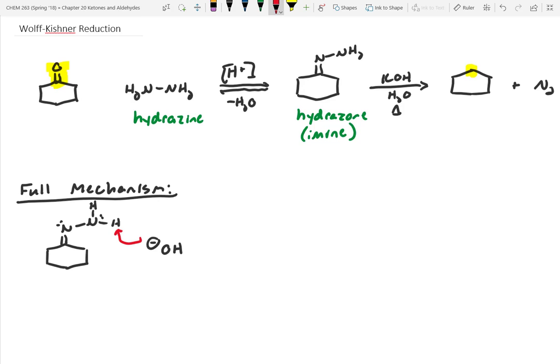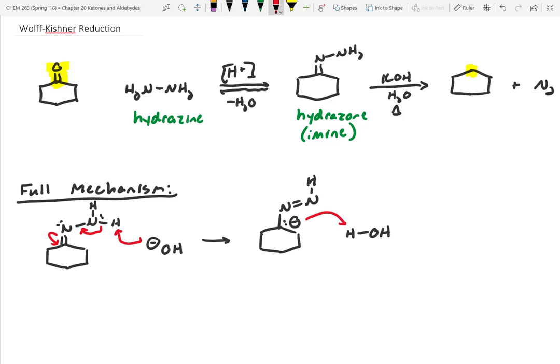All right, when you do this, you can actually clamp down and push electrons all the way to that carbon. And I'm going to show this as one way, and you'll see why later on in the reaction. But at this point, you've got a negative charge on that carbon. You've got your conjugate acid, which is water.